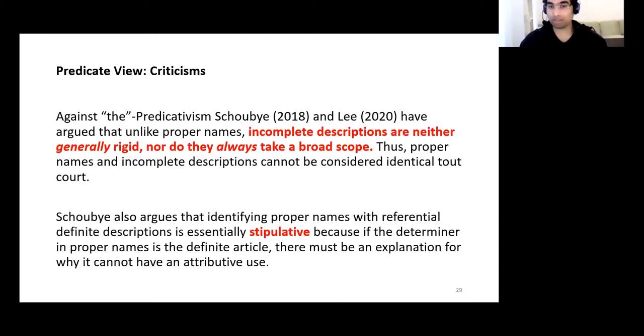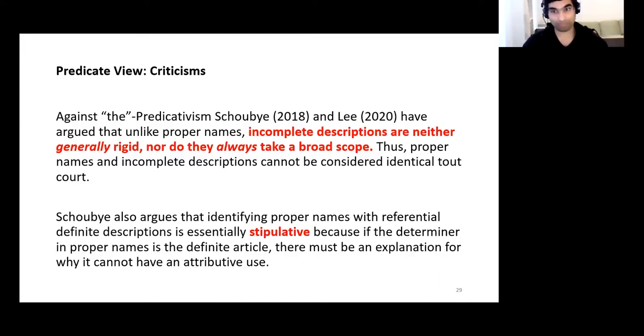It has also been argued, Schoubye has also argued, that identifying proper names with referential definite descriptions is essentially stipulative, because if the determiner in a proper name is the definite article, then there must be an explanation for why proper names cannot have an attributive use.